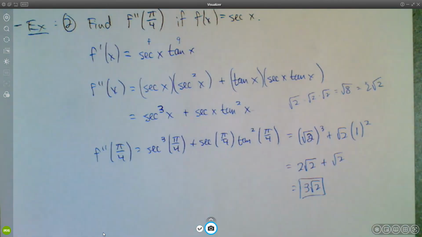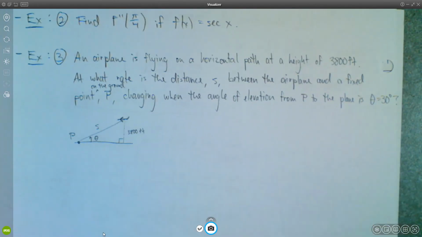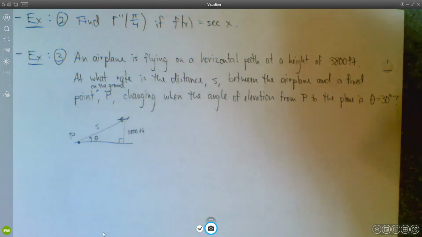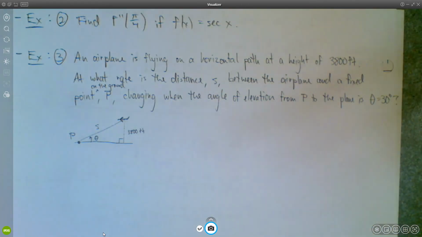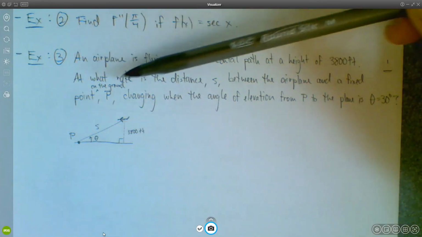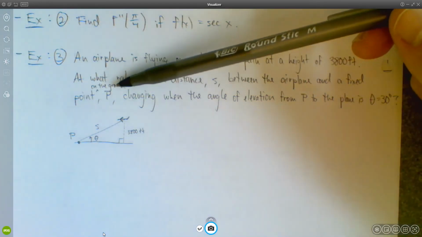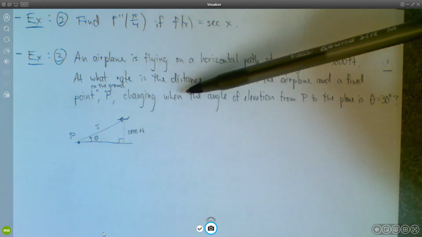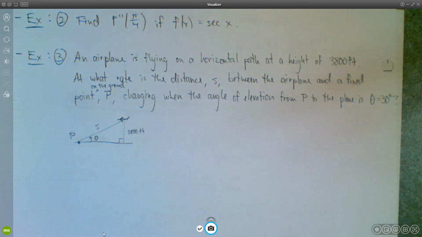And then one more example from this section. So you could have some application problems start to show up here. This third one says, an airplane is flying on a horizontal path at a height of 3,800 feet. At what rate is the distance s between the airplane and a fixed point on the ground, P, changing when the angle of elevation from P to the plane is theta equals 30 degrees?